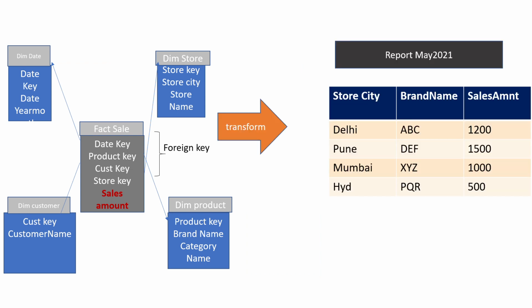Now this is your report. You want sales amount by city and by brand name. So you have to group by store city, do the aggregations based on the group by, take the sum of the sales amount from the fact sales, and then group by the brand name. This is how you will achieve the report.